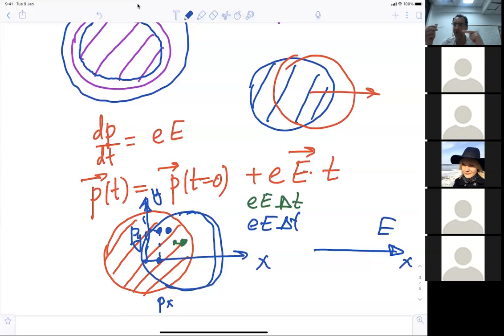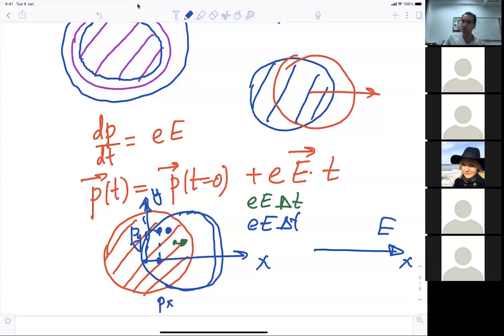So there are two forces that act in opposite directions. There is a force of the electric field, which tries to move the Fermi surface all the way to the right at a constant speed. And there is a process called relaxation, that results from the scattering from the elastic impurities, and it does the absolute opposite.